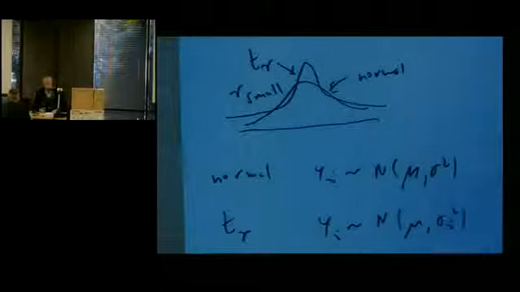In the normal distribution, each y_i is a draw from normal(mu, sigma squared). But in the T distribution with nu degrees of freedom, what if we tried to make the tail heavier by allowing each observation, while still having the same mu, to have its own variance?